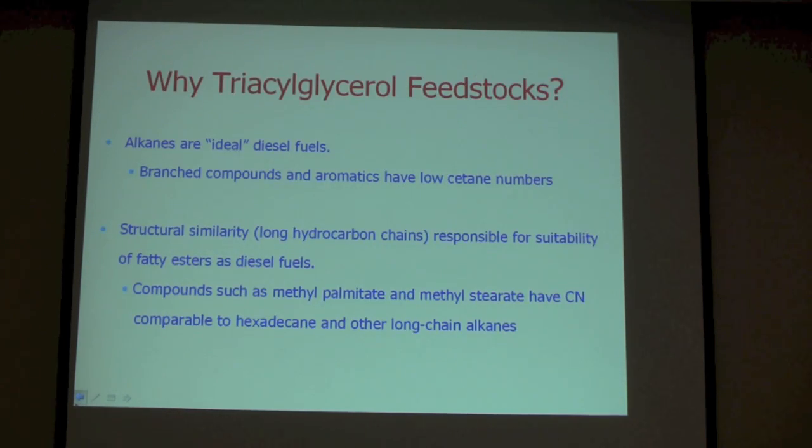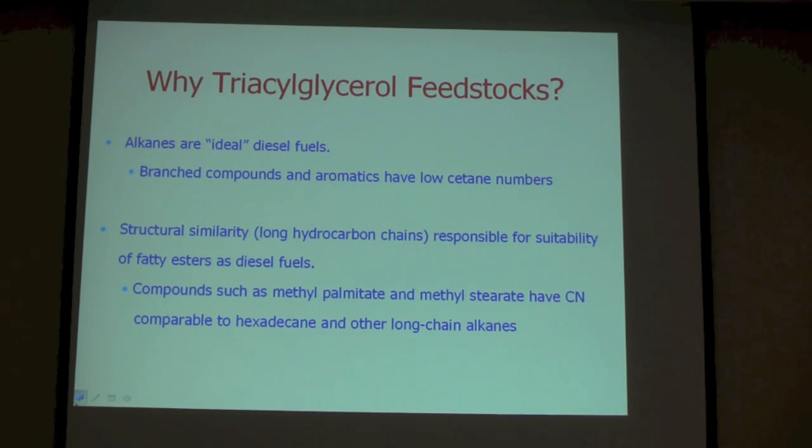And actually, you can use the cetane number to explain why we use triacylglycerol feedstocks or vegetable oils as feedstocks for making a diesel fuel. If you go back and look at the structure of hexadecane, it's a long hydrocarbon chain.